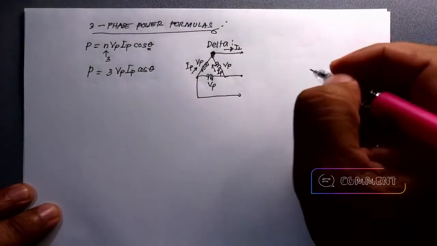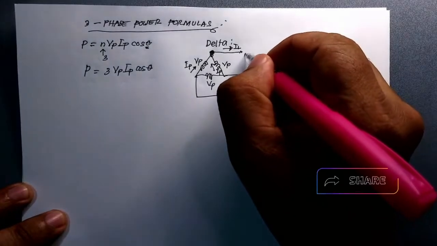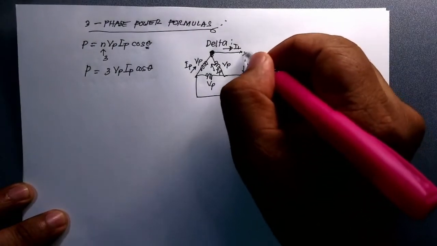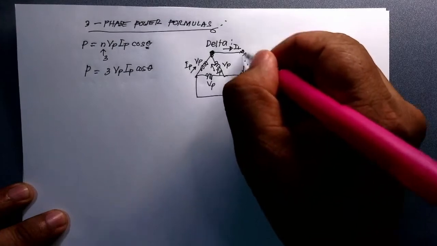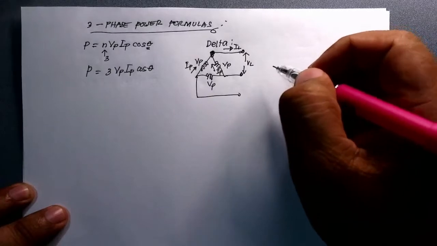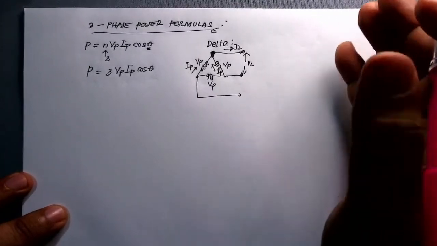So therefore we have again here our line voltage. We took the voltage at the terminal, that will be our line voltage, and we easily inspect the circuit.